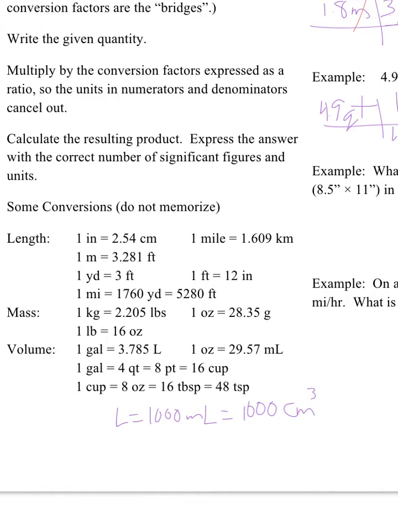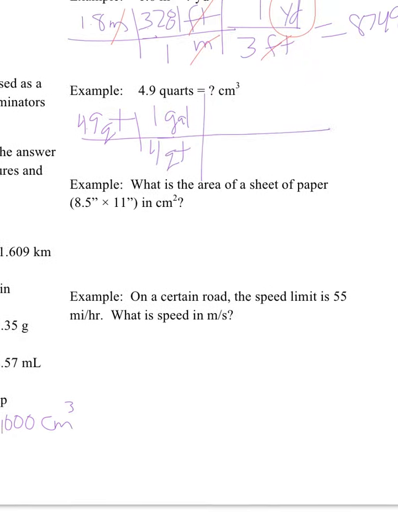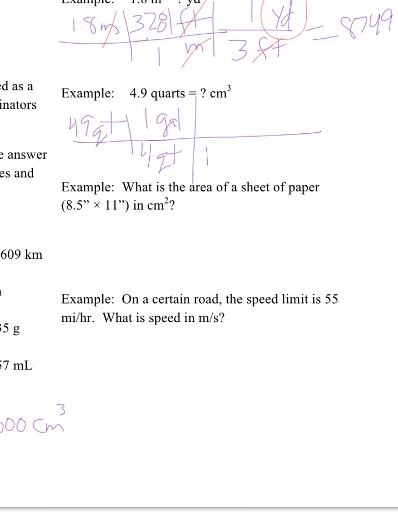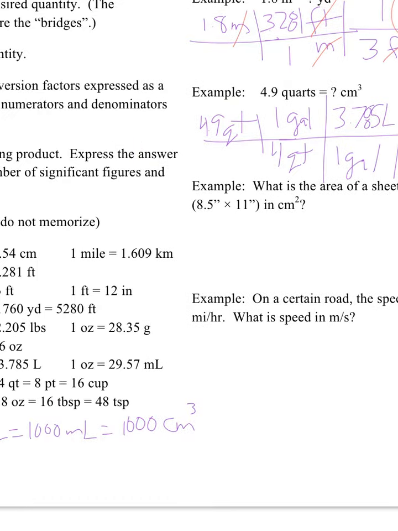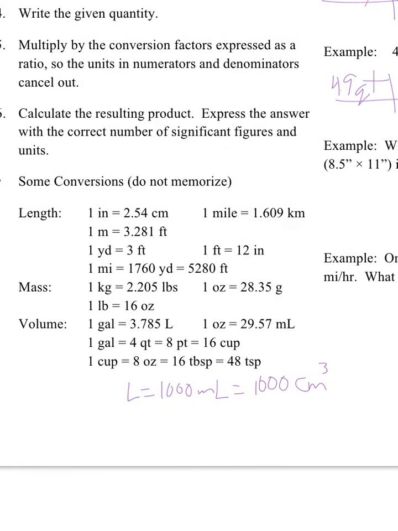Hang on. 1 gallon, 3.785 liters. And then 1 liter is the same as 1,000 cubic centimeters. I basically shortened this conversion here. 1 liter is the same as 1,000 milliliters is the same as 1,000 cubic centimeters.